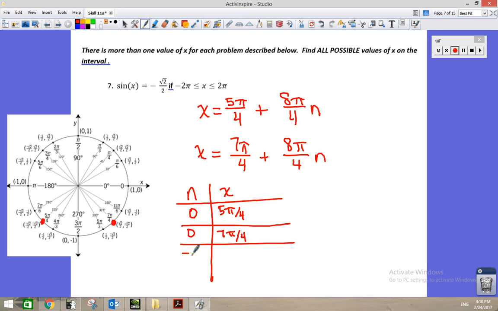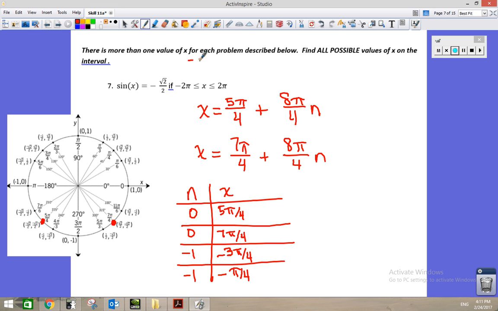Well, what if I let n be negative 1? If I let n be negative 1, then I've got positive 5 plus a negative 8, which is negative 3 pi over 4. And here, if I let this be a negative 1, I'll have negative 8, and I'll have negative pi over 4. Since all these denominators are 4, let's come up to where they're wanting me to restrict my solutions.